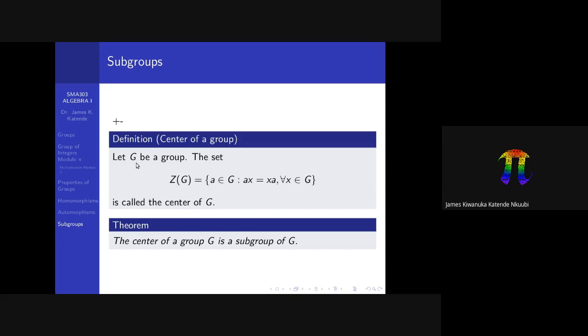So let G be a group, then the set defined like this is called the center of G. It's the set of all elements in G which commute with all other elements in G. The claim we make here is that the center of a group is a subgroup of G.